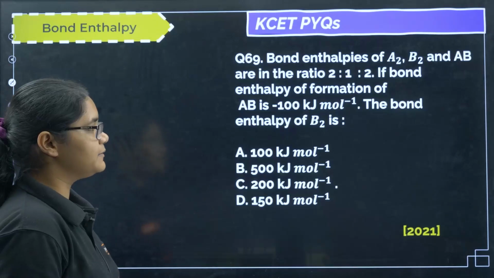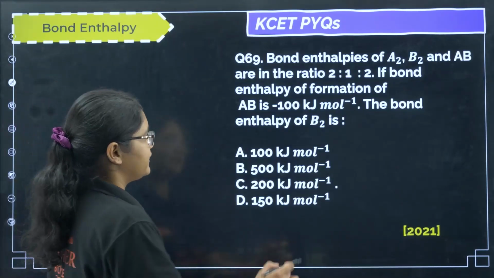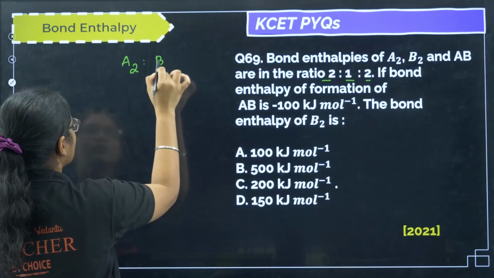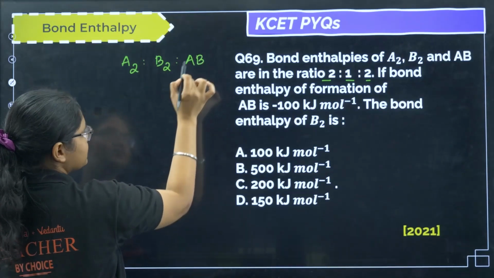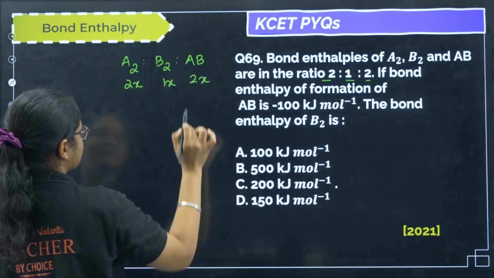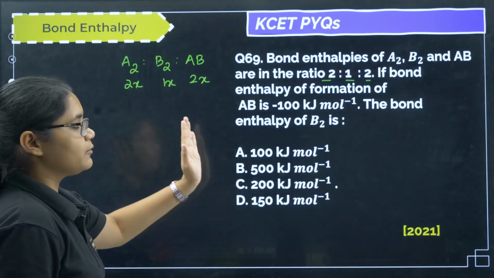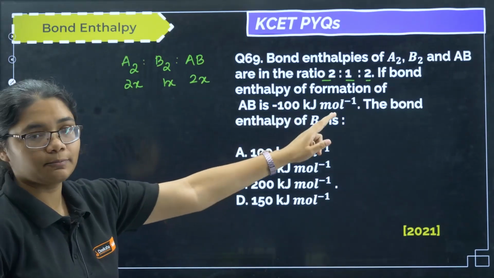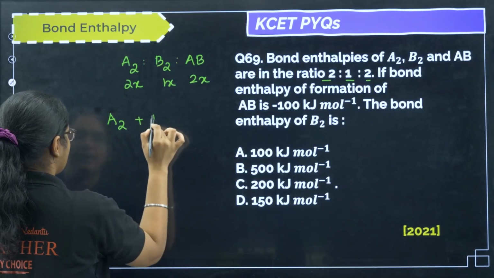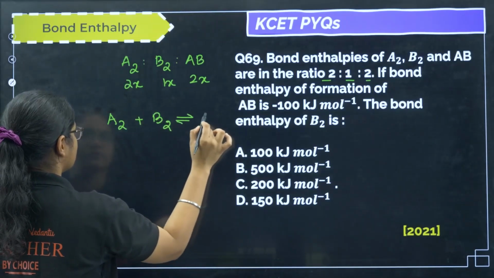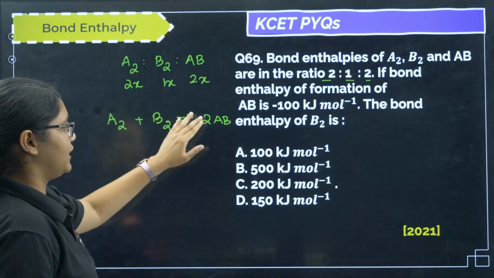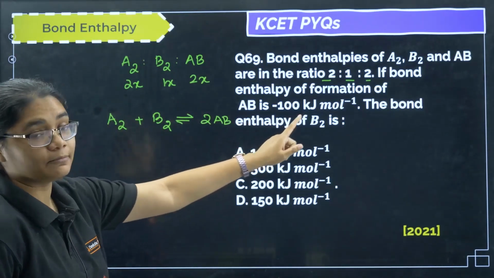Next, the bond enthalpies of A2, B2 and AB are in the ratio of 2, 1, 2, okay. So A2, B2 and AB ratios are what? 2, 1, 2, or I can write 2x, 1x and 2x. Now, if the bond enthalpy of formation of AB is 100 kilojoule per mole, so I have A2 plus B2 gives 2AB, okay. The bond enthalpy of formation of AB is 100 kilojoule, then the bond enthalpy of B2 is?